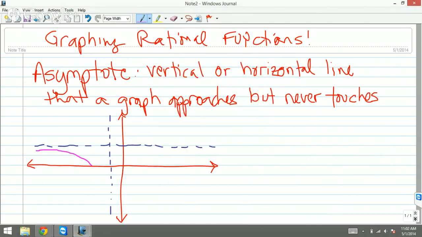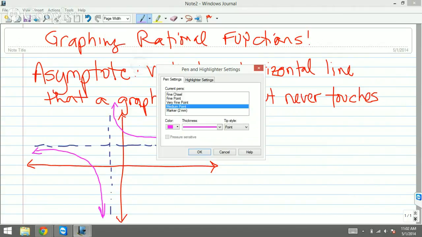It's a line. All right. Put that on your paper.